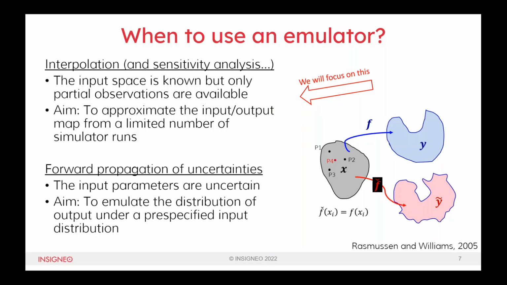Now, associated with these two applications, there are obviously a number of things that must be taken into account. For example, one is how do you effectively sample the input parameter space so that the emulator learns how to correctly imitate the behavior of the simulator, and what sampling method should be used, and how many points must be sampled.